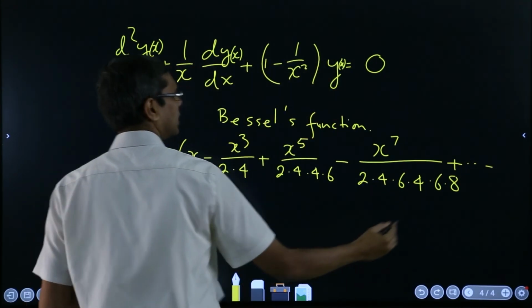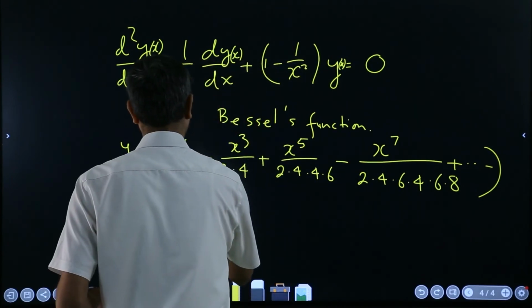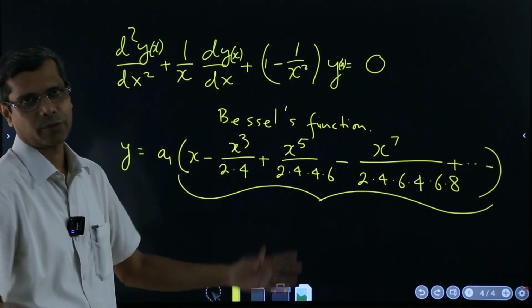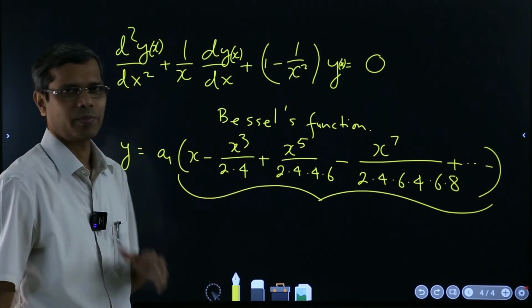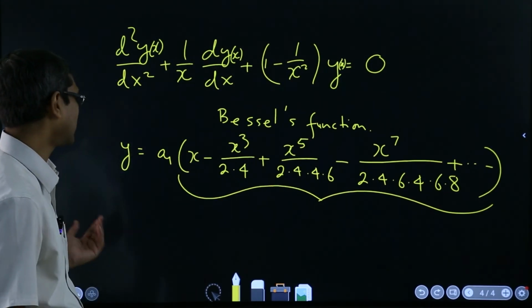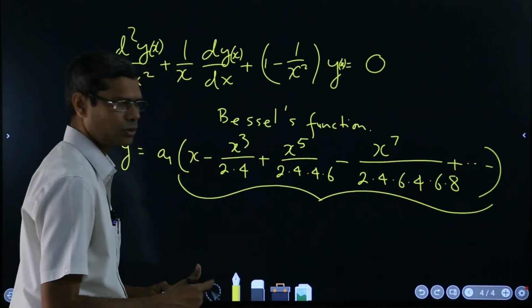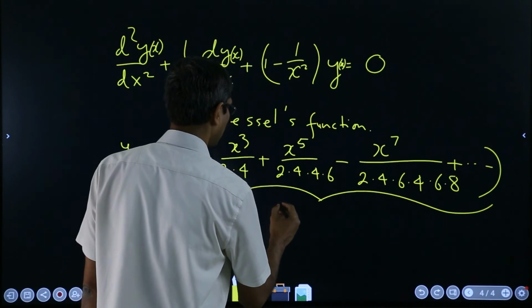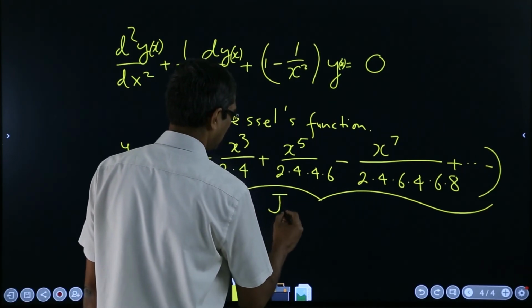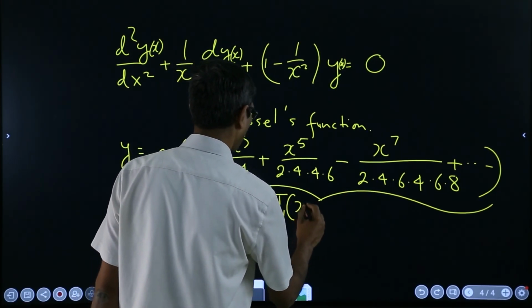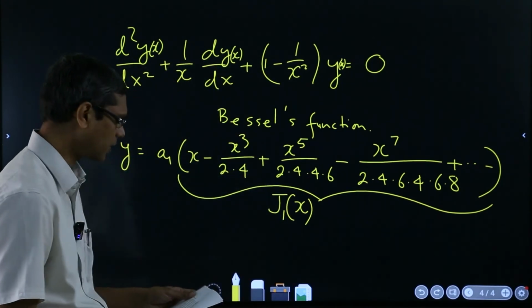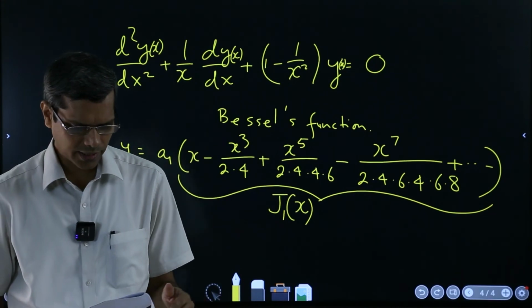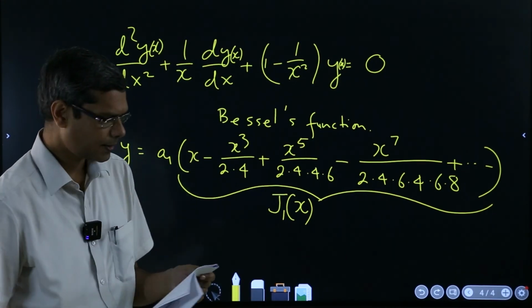Now this is what you will get, and again we will see later that this expression will come up again and again. So they thought, why use this big expression, and an abbreviation for that was say J1 of x. So it's called the Bessel function.